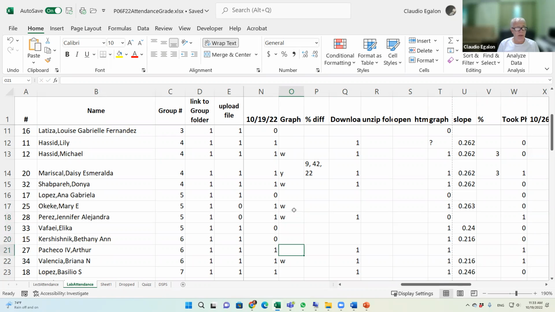Arthur Pacheco, were you able to plot the 2 graphs, Arthur? Yes, okay. So tell me what's the percentage difference you're getting for the slope of the first graph, the intercept of the first graph, and the slope of the second graph.